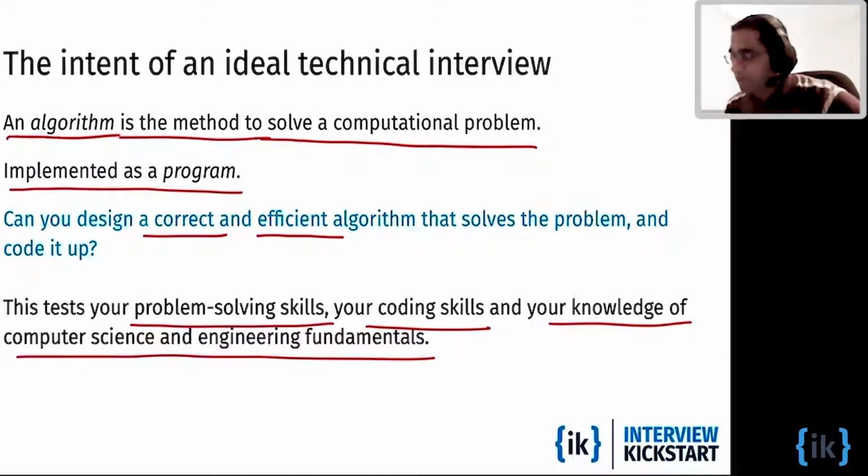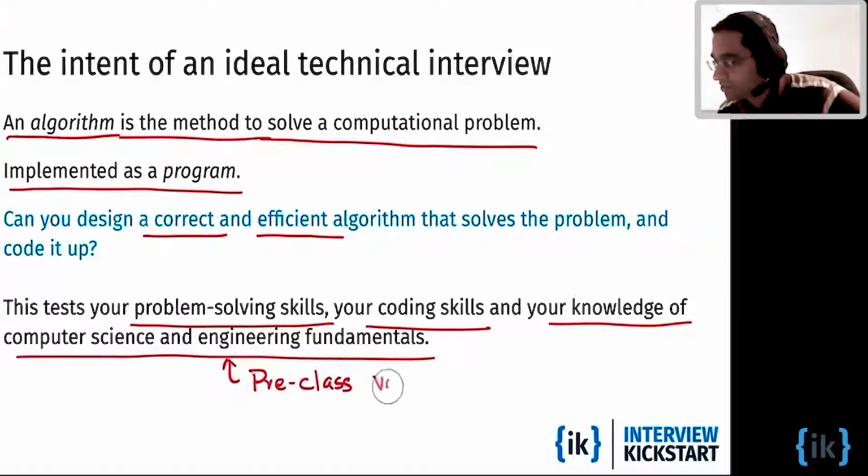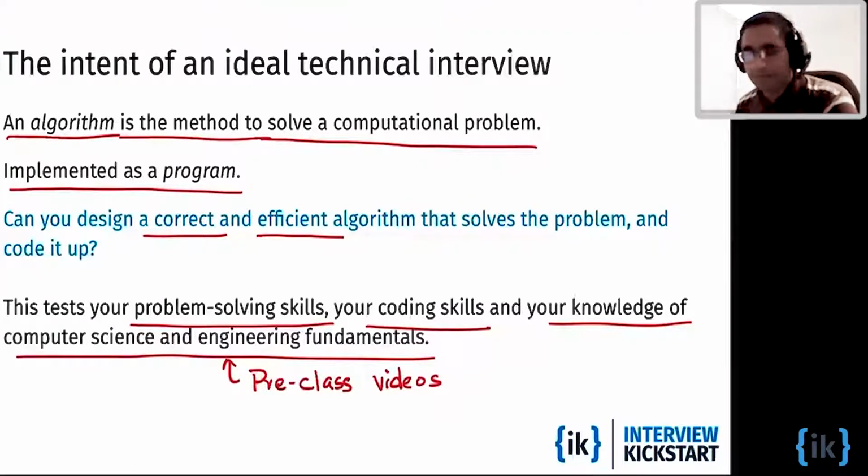So what we do at IK is we provide you these fundamentals via foundation videos or pre-class videos. So the purpose of the pre-class videos is to provide you those fundamentals and also do a little bit of problem solving. But the problems we solve in the pre-class videos are standard problems for which the algorithms are standard.